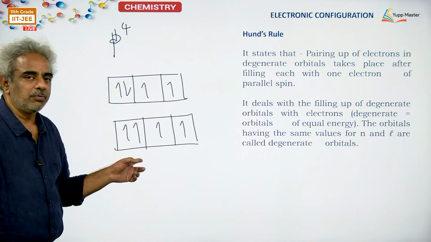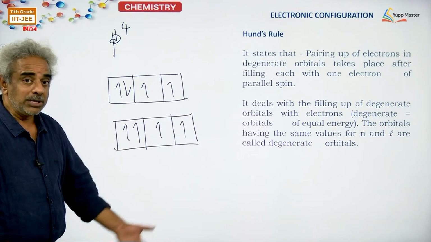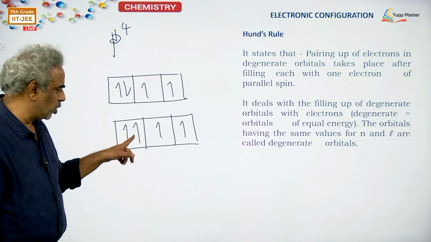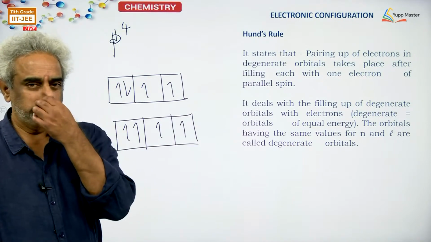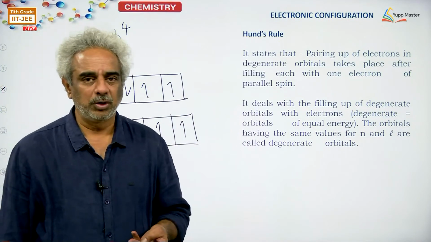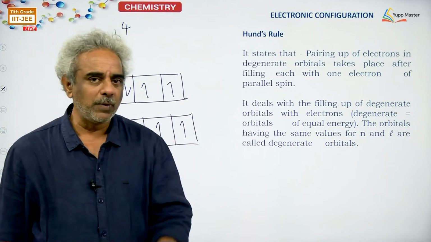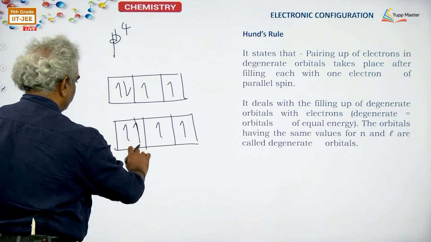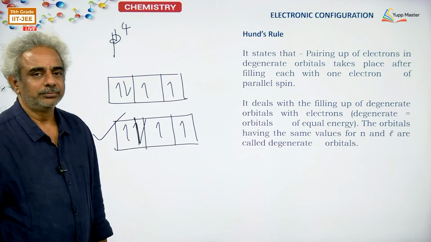Is it a violation of Hund's rule or is it a violation of Pauli's principle? See, if you give this kind of configuration, both will have the same quantum numbers: same principal quantum number, same azimuthal quantum number, same magnetic quantum number, same spin quantum number, which is not valid according to Pauli's principle. So, you have to go for a reversal of the spin. This is correct.